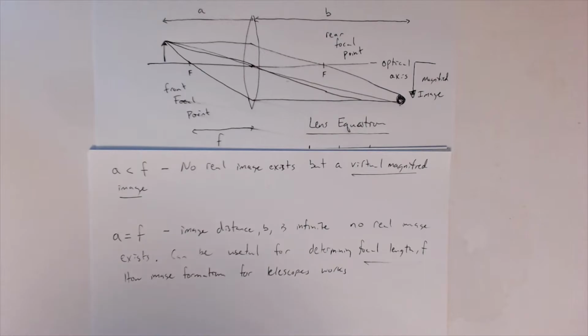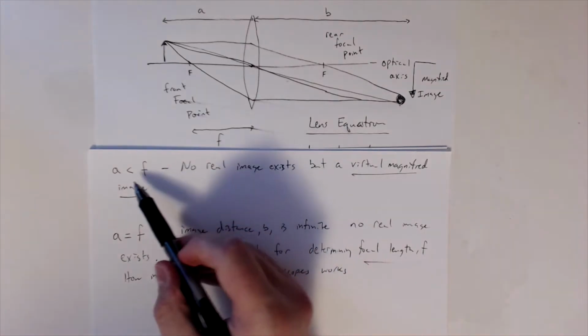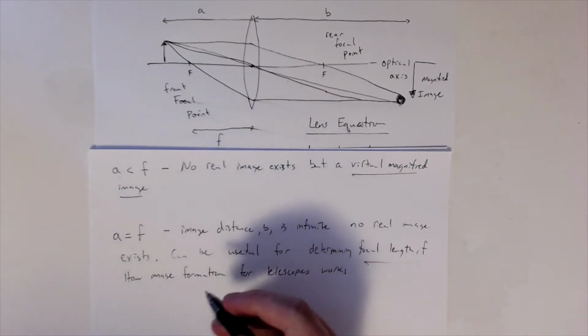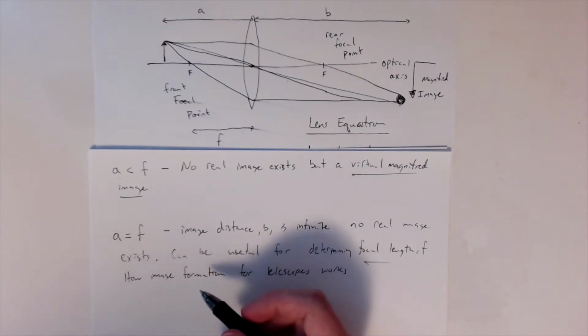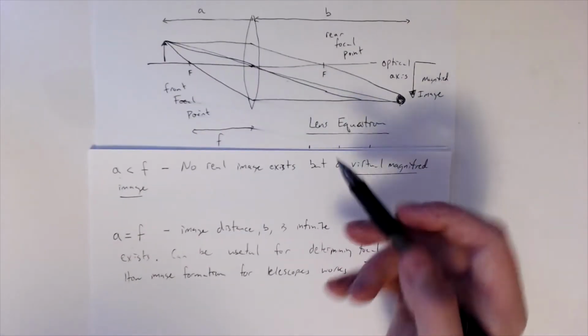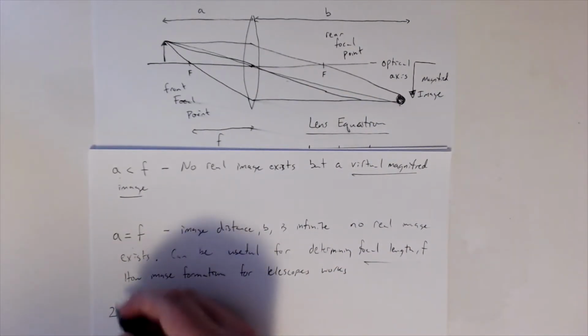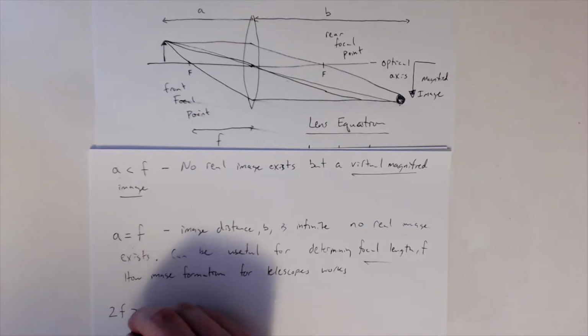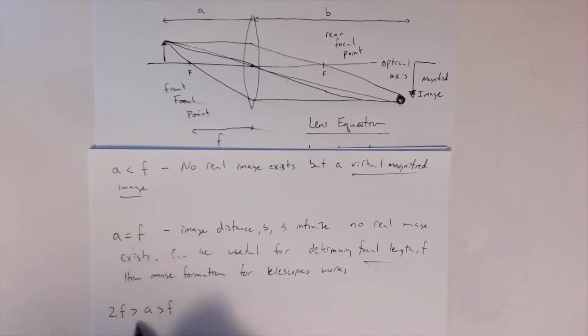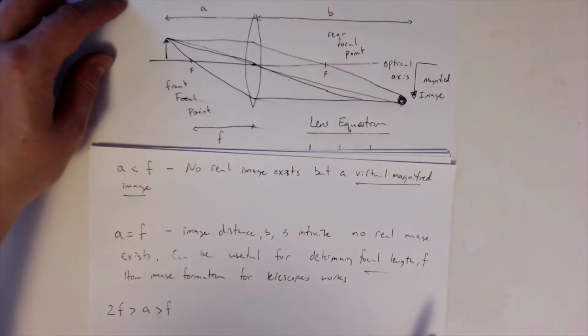Okay, so we've looked at where they're equal. Now we want to look, as you can kind of tell, where A is shorter, same length as the focal, and now we want to look at scenarios where it is greater than F, and that's what I've drawn up here for you. So the first condition, and there can be multiple here, is that the distance A is between 2F and F. So I'll move this up.